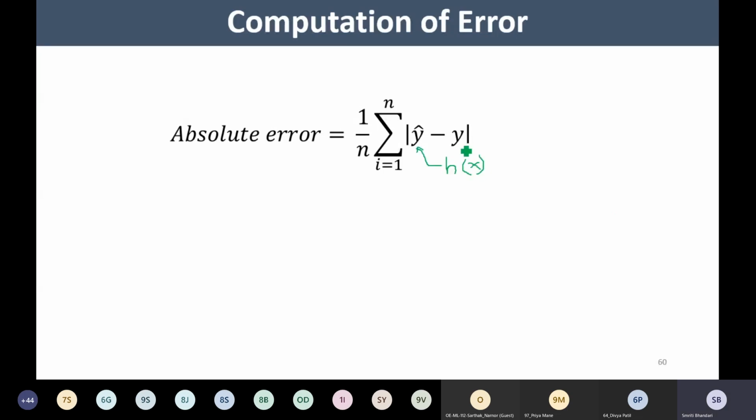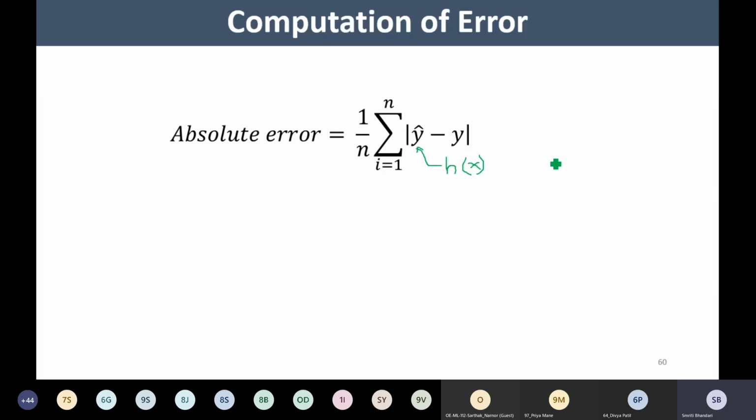x is my input, so h of x is predicting this value y hat. And I know the actual output, that is y, for my training samples.